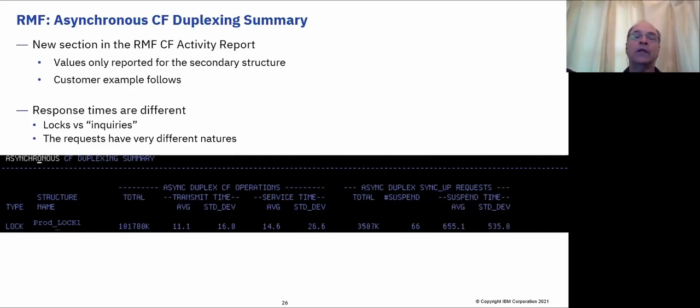I overlaid their structure name to protect their name and just called it prodlock1. But you can see that there's information about async CF duplexing operations and sync up requests. So the block just to the left of center is requests to the primary, and the block to the right of center is the duplex sync up requests. And you can see there are far fewer of them.